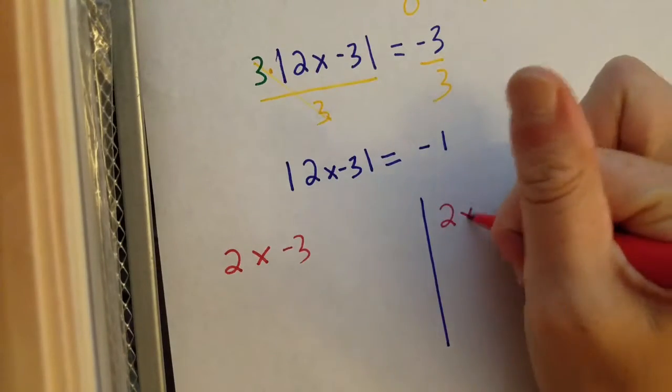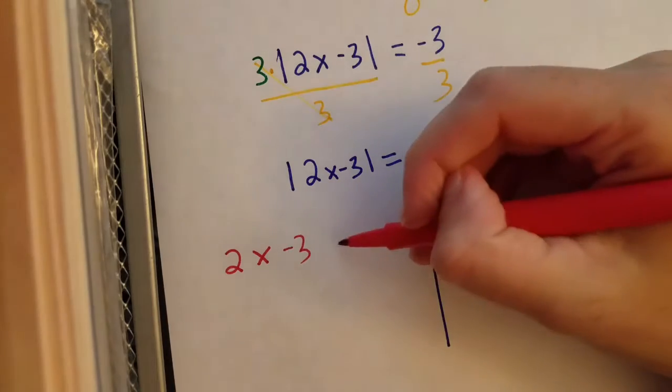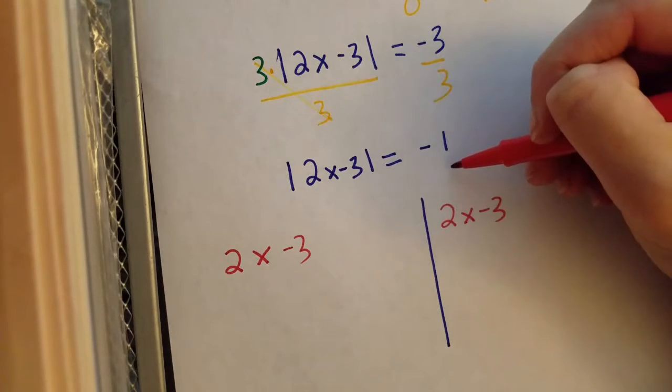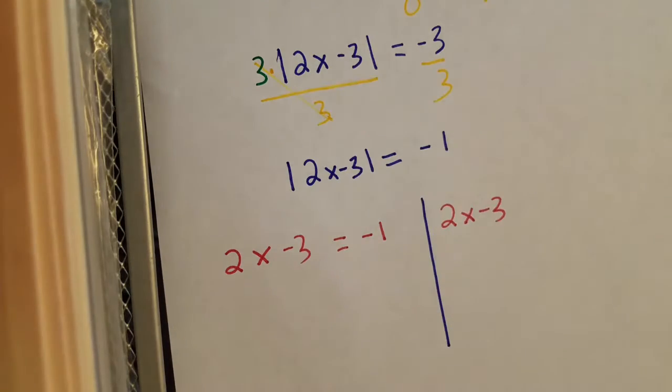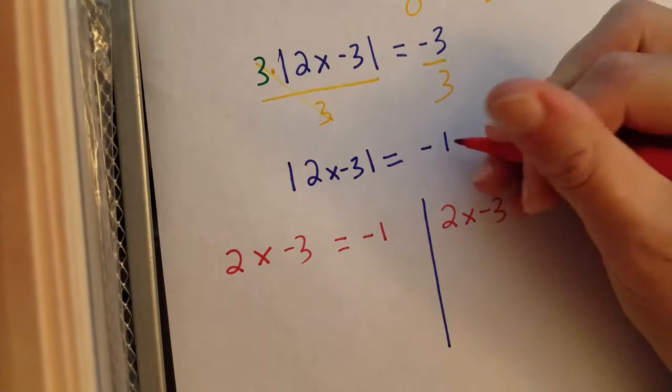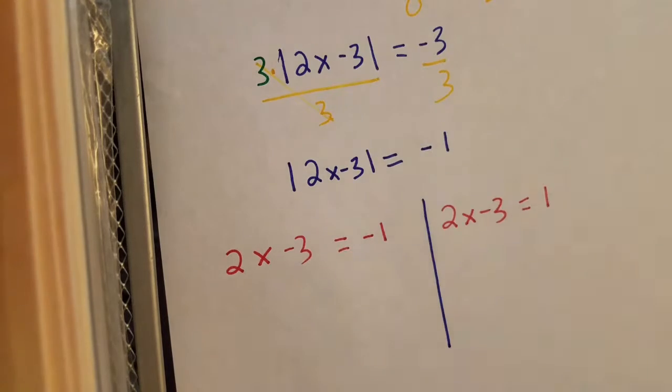On both sides we write that. That stays the same. The only thing that changes is that on one side you set it equal to whatever it currently equals, which is negative 1. And on the other side, we set it equal to the opposite of that. The opposite of negative 1 is a positive 1.